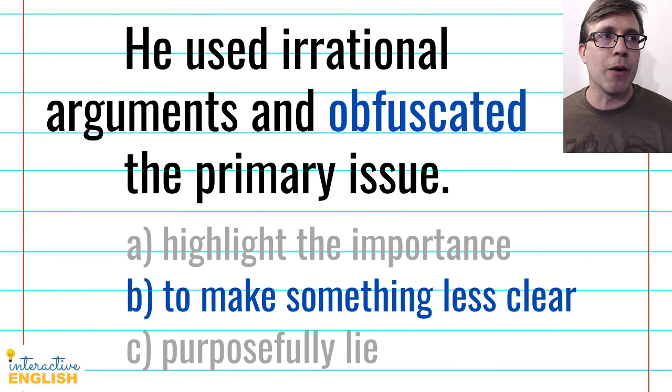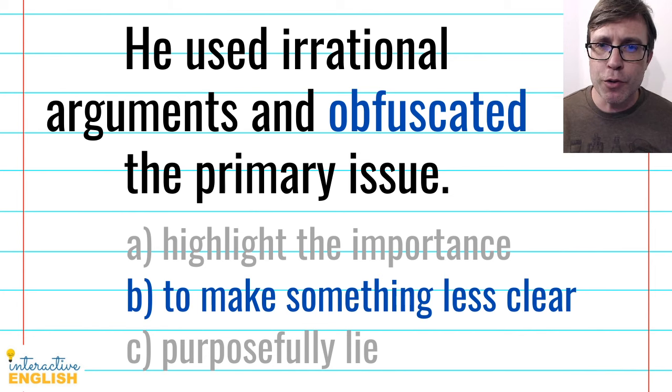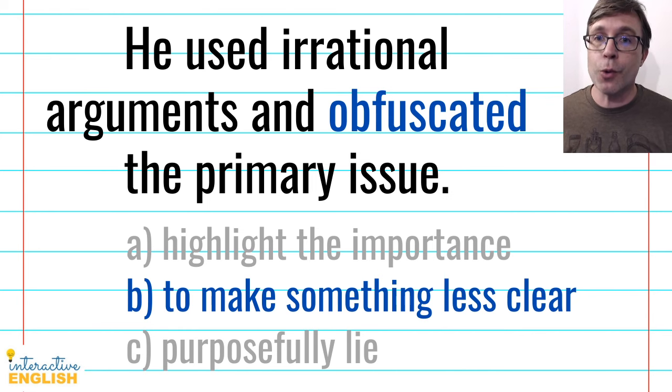If somebody does not want to tell the truth, or they want to talk about some issue in a way that may confuse other people, you could say they're trying to obfuscate the truth, or they're trying to obfuscate some issue or some problem, and they want to make it more difficult to understand. They want to make it less clear. So that is an example as to when you may come across this word, or perhaps even use it, to obfuscate.